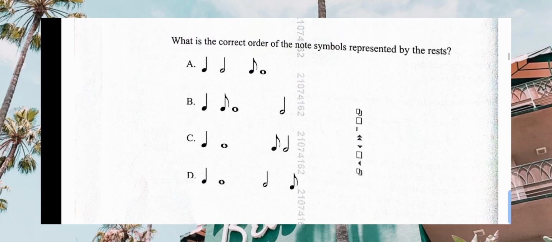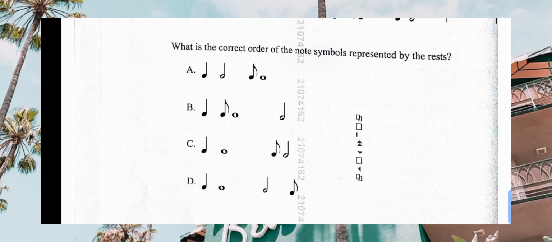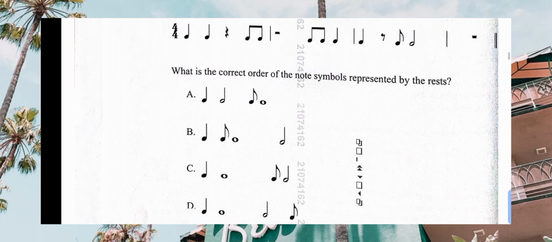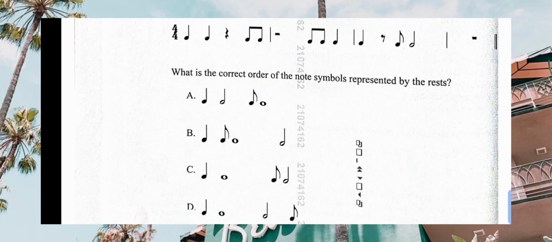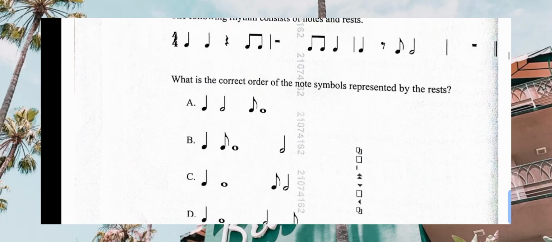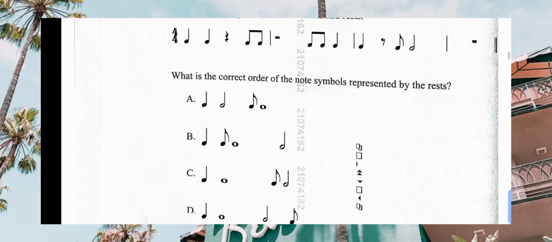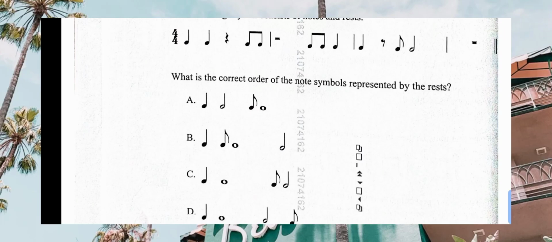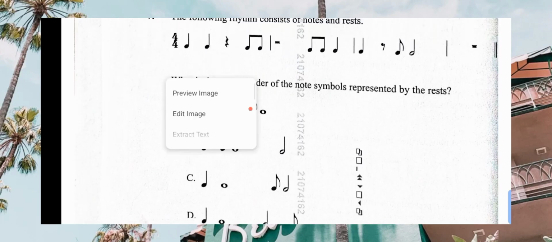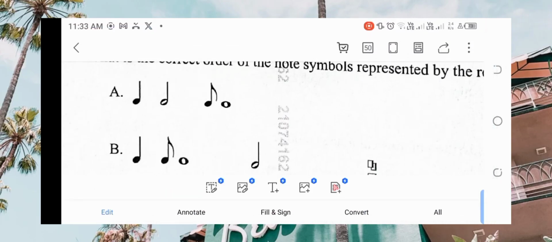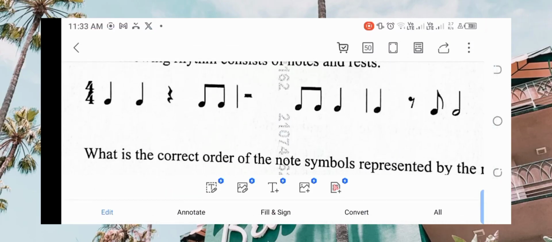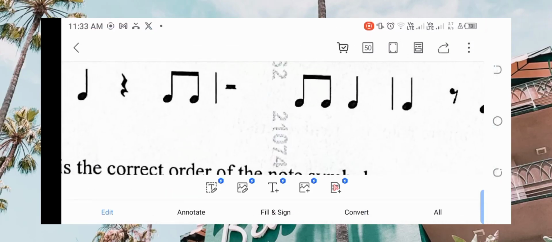Let's look at C. Minim, semibreve, semibreve, then quaver, and then minim. No, that one cannot be, let me zoom and see how it looks. It is not very well aligned.